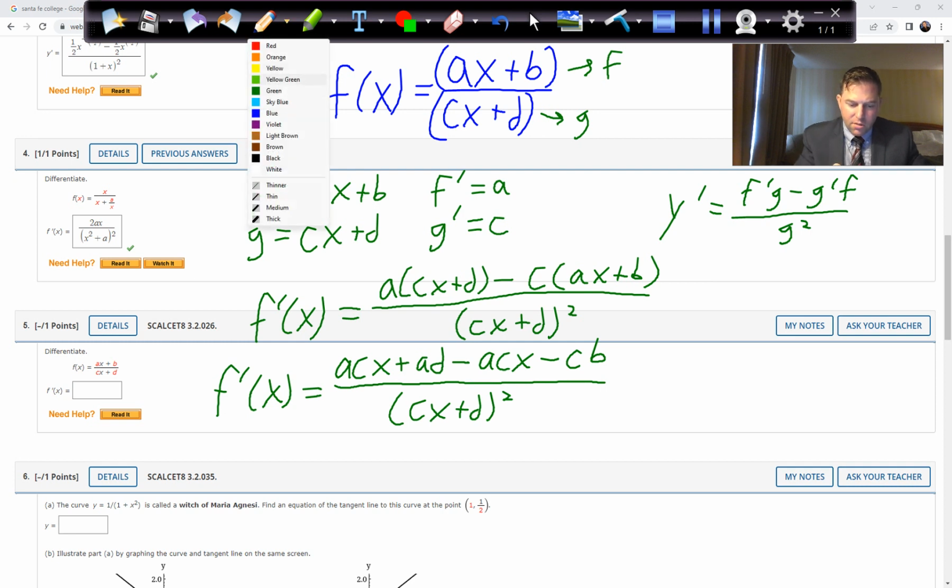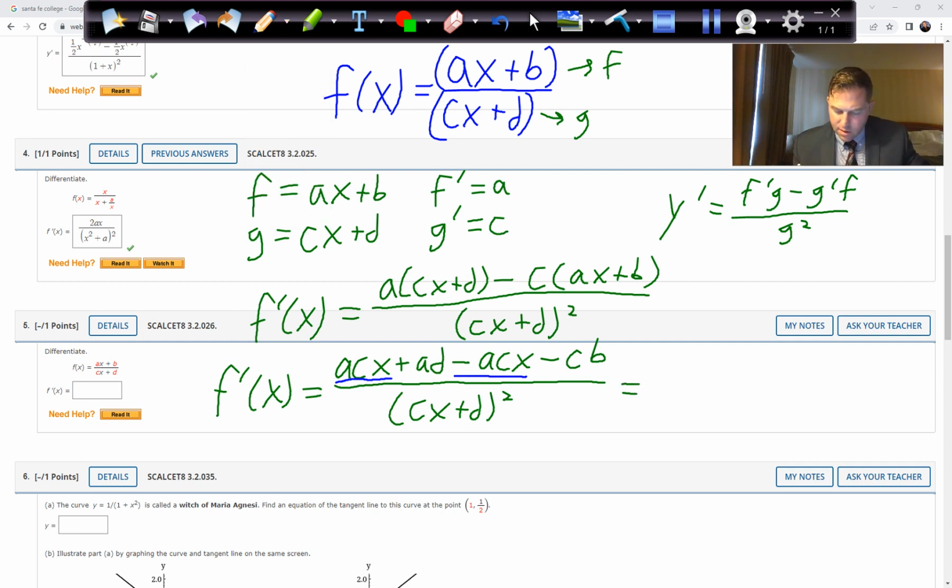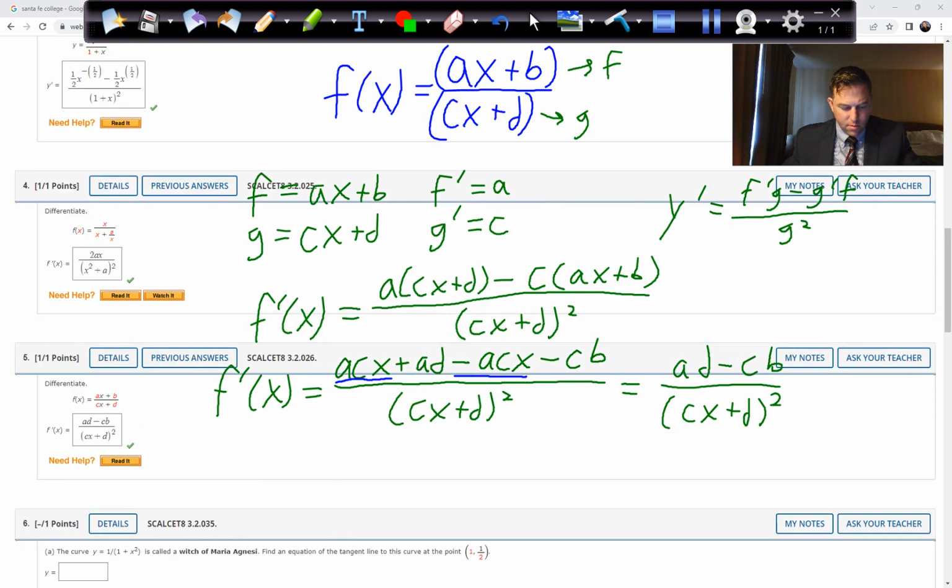And you might notice that acx minus acx will cancel, and so we'll get ad minus cb all over cx plus d squared. So that should be the answer simplified. And we type in that ad minus cb over cx plus d squared, and we get it correct again.